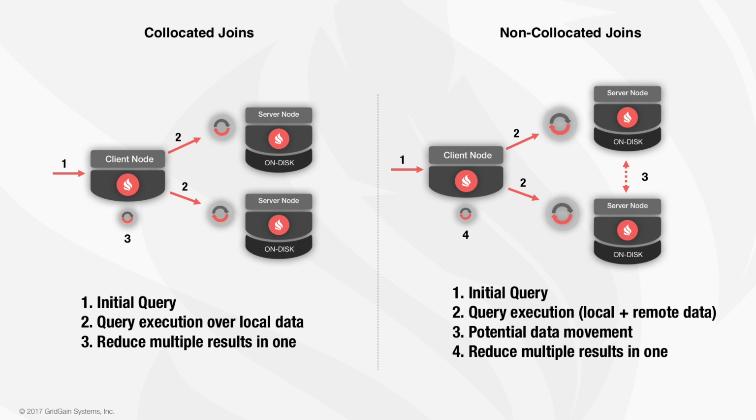And this is what happens here. When you start a query like this one with join, where we're trying to join data stored in city and country, we will send this query right away to all the destination nodes, and that query will be executed over the data set that is available locally, and you will get your data back.